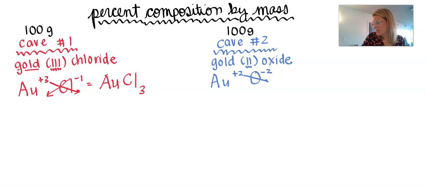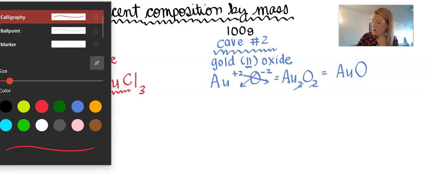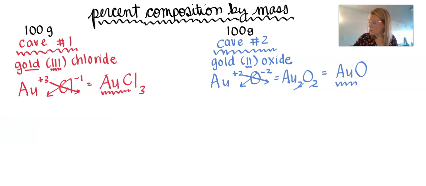And we're going to criss and we're going to cross, and we get Au2O2, which, remember, reduces to become AuO. Okay? So now we have our two chemical formulas of our two caves. We have AuCl3 and we have our AuO.